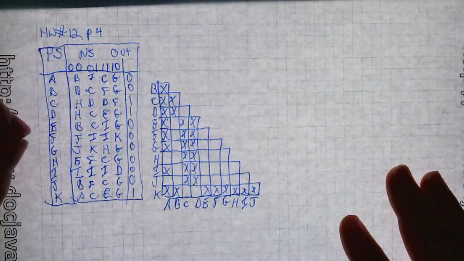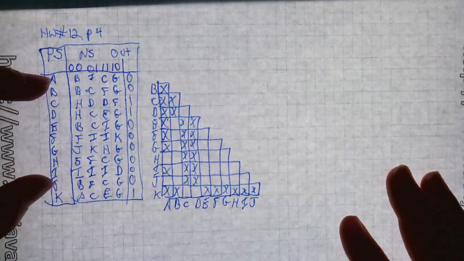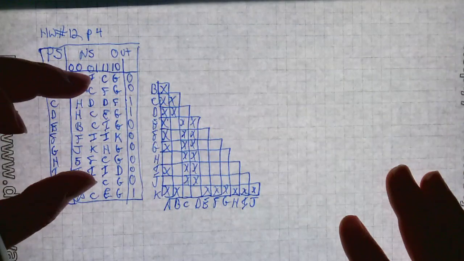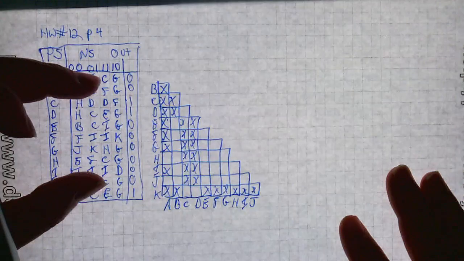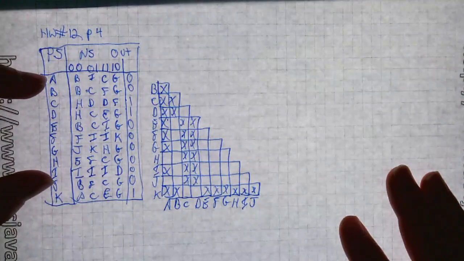A equals J. B equals B. If I equals F. If C equals C. If G equals G. You know, that might work.